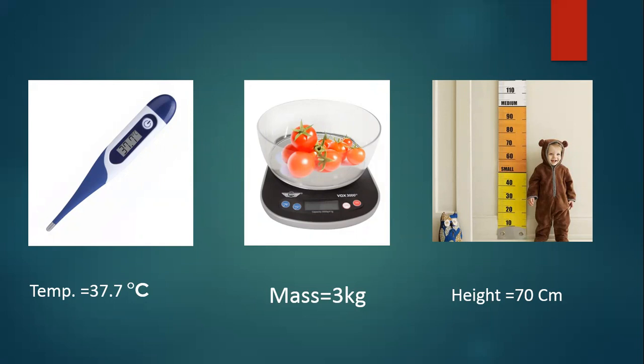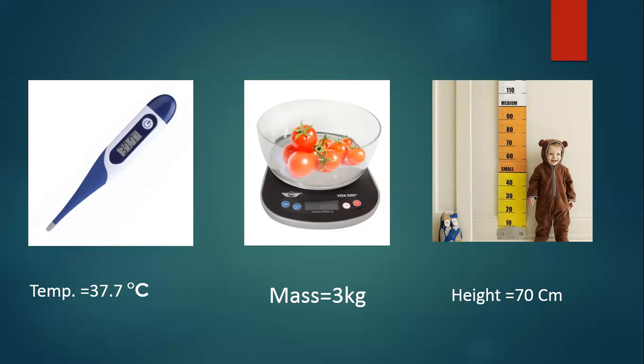So the device used to measure the temperature is a thermometer. The unit for measuring the temperature is the Celsius degree. In this example, the temperature is 37.7 Celsius degrees. 37.7 is the number which appeared on the device. Celsius degree is the measuring unit of the temperature.